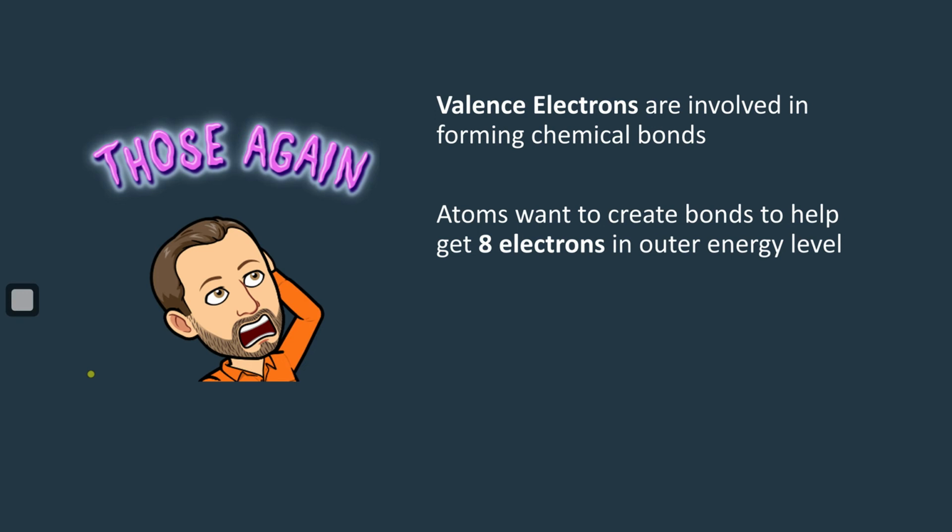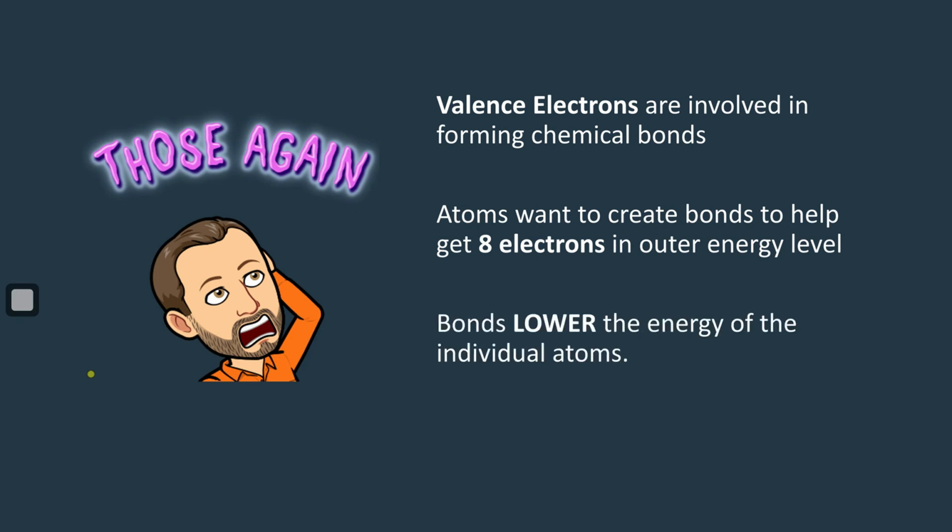They want to try to get a full outer energy level, which usually means 8 electrons. When the atoms are bonded together, they are generally lower energy than the individual atoms. So in other words, the compound that is formed is a more stable situation in many cases than if the atoms are left by themselves.